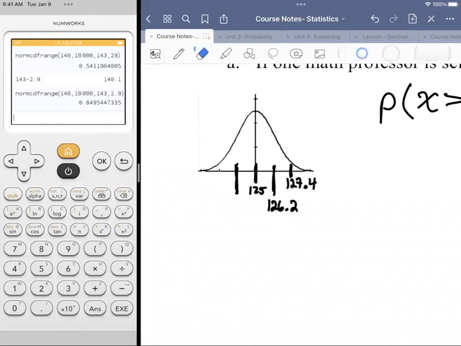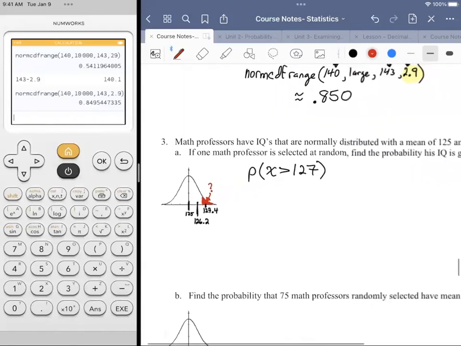And with that in mind, I don't really need that tick mark because I'm looking for greater than 127, which would be around right there. So this little tiny sliver of area. All right, so that's what we're going to find.